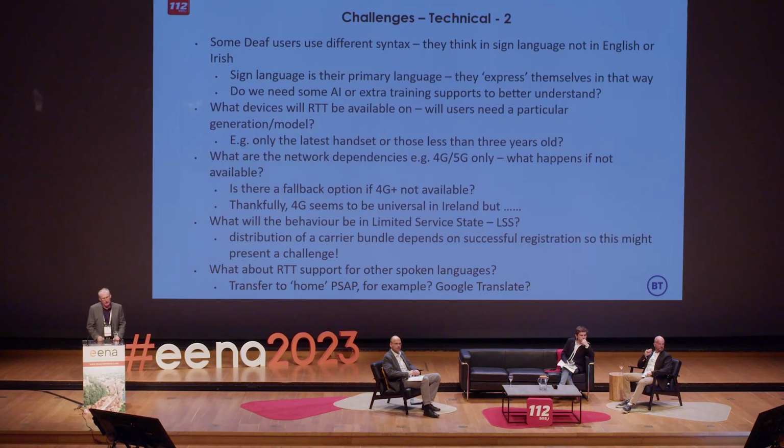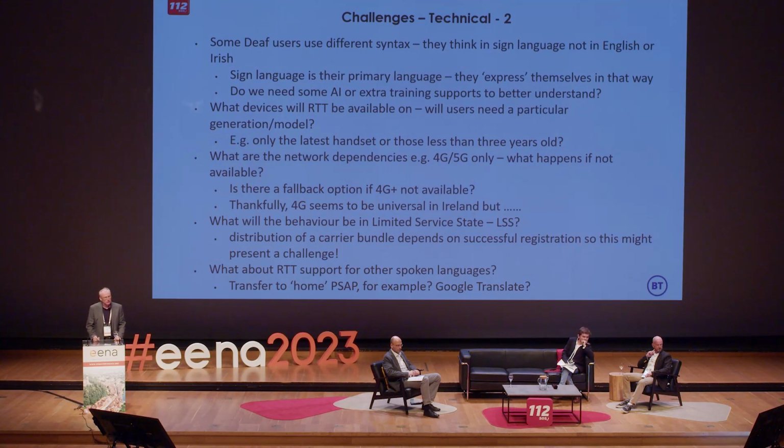Secondly, on the technical side, I've mentioned this earlier, but some deaf users will use different syntax, and obviously this is going to vary from country to country and from language to language. If sign language is the primary language of the deaf person, they don't necessarily express themselves in what the rest of the community would recognize as text.